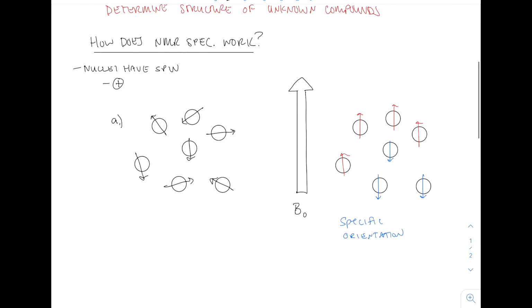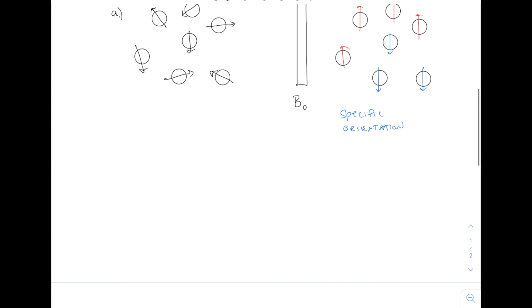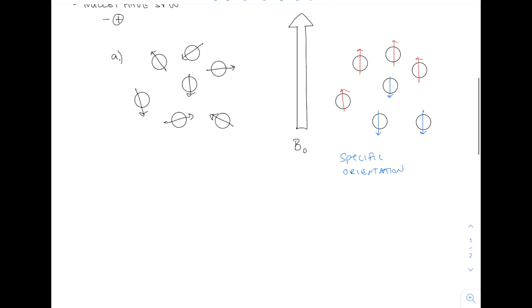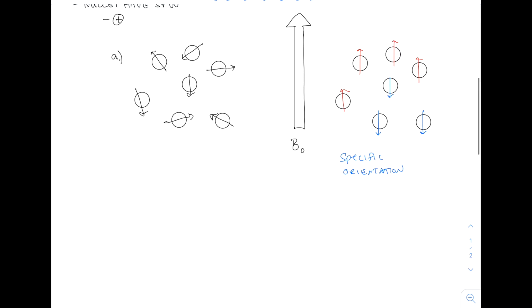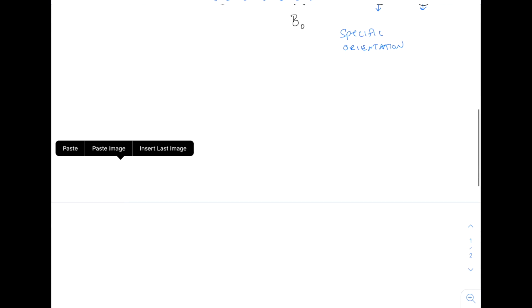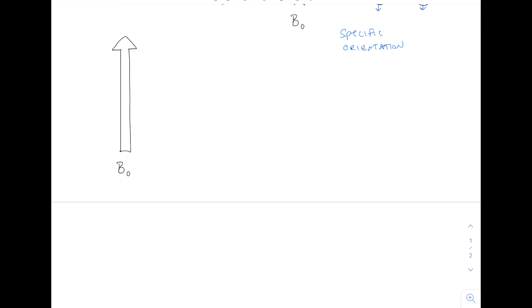Now let's take a look at the orientation of these nuclei. So imagine we have an applied magnetic field. Oriented nuclei can absorb energy, causing something called a spin flip. But really, what are we looking at?